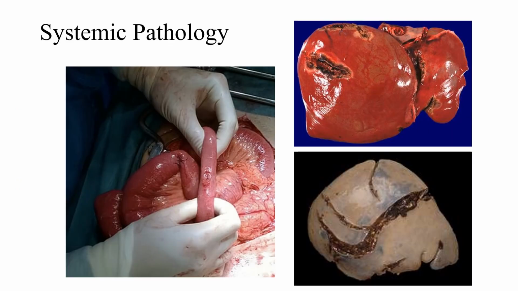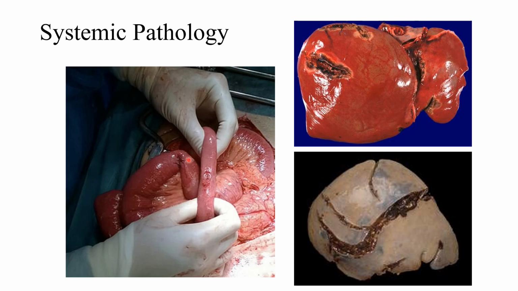Whereas in systemic pathology, the same principle will be applied to various other systems. You might have heard about systems in first year: gastrointestinal system, respiratory system, hepatobiliary system, urinary tract system. So the same injury can happen to a system.